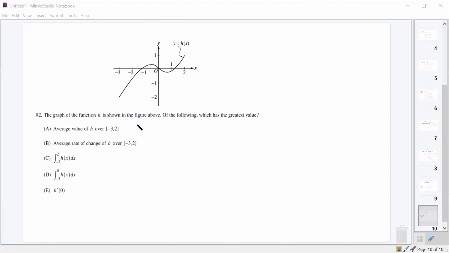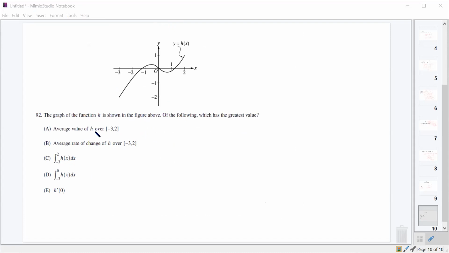All right, so for 92, we're looking for which of all these different things has the largest value. So, let's take a look at them all.